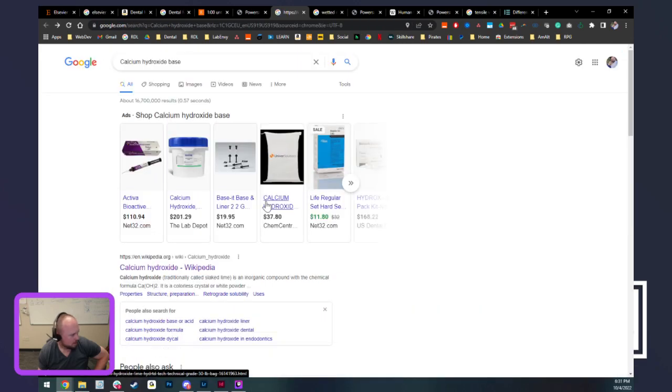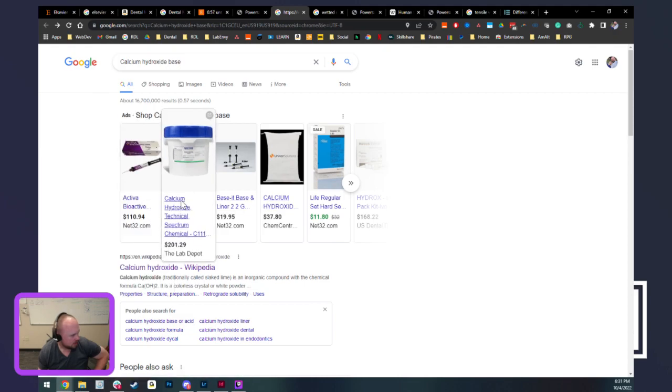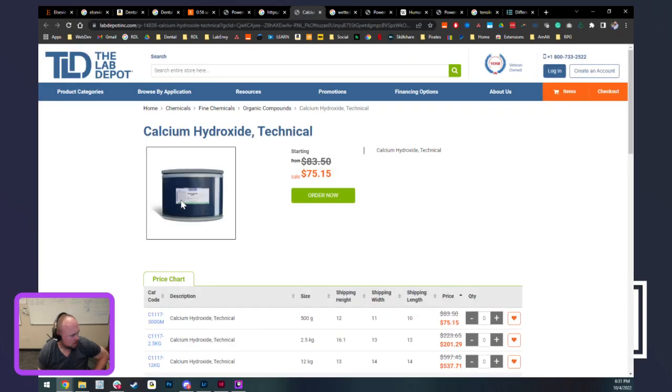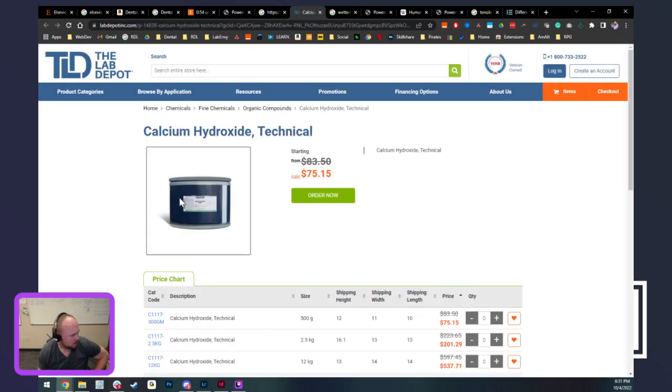Lime, calcium hydroxide base. Is calcium hydroxide, is that just... what is the low end impression material?